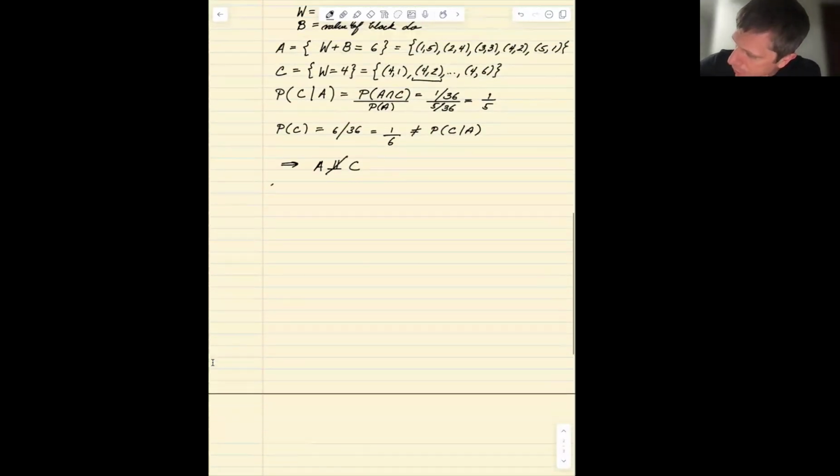Okay, let's make some observations so far. First is a very important observation: for every event A, every event is independent of the empty set, and every event is independent of the whole sample space.